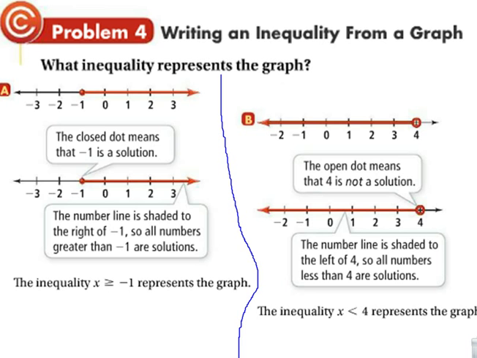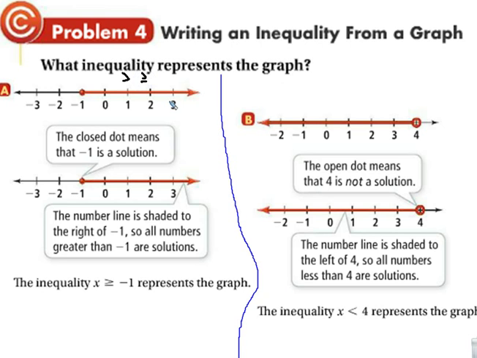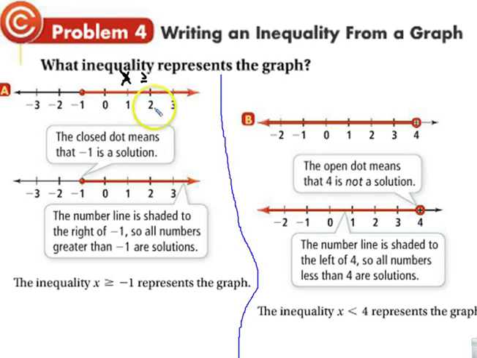Writing an inequality from a graph. The first thing we need to look at is which direction it's going. So we know right now that it's going to be either greater than or greater than or equal to. It's a closed circle, which means it has to be greater than or equal to, and then it's greater than or equal to -1. So x is greater than or equal to -1.